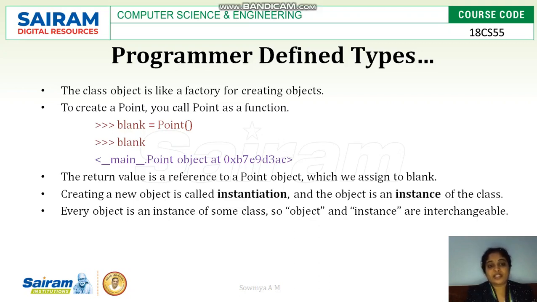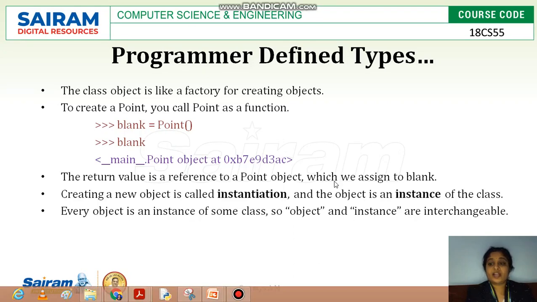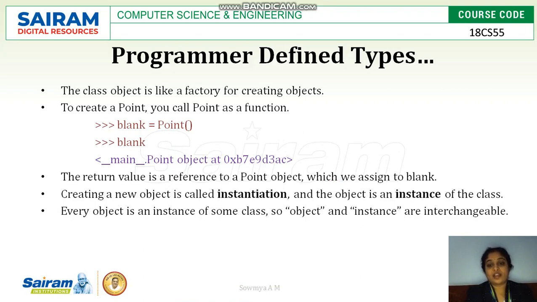So it returns a reference to a Point object, which is assigned to blank. Creating a new object is called instantiation, and the object which is created is called an instance of the class. So every object is an instance of some class.